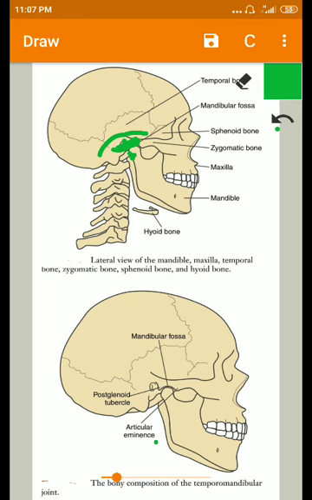So here we are getting two kinds of joints. The upper joint is called the gliding joint, and the lower joint is called the hinge joint.